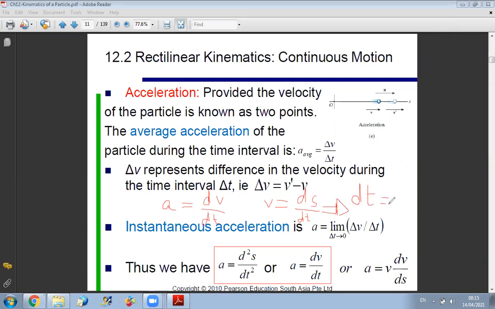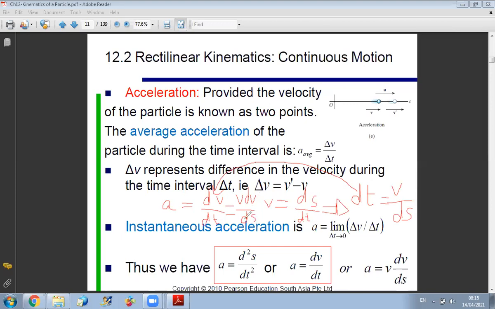ds over v. And then if I replace dt by its value in the equation here, I will get that a is v dv over ds. Okay, so this is another equation that I can use when I don't have to include time. It's a relation independent of time.